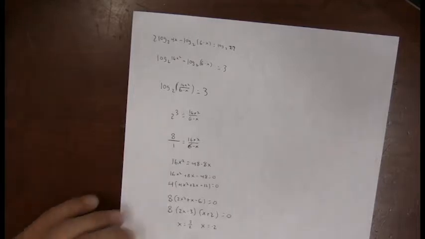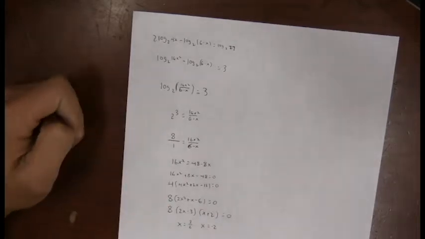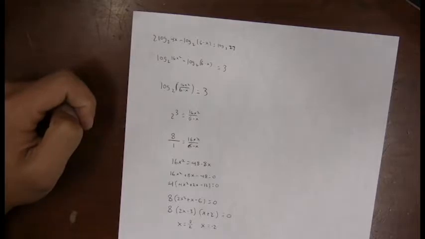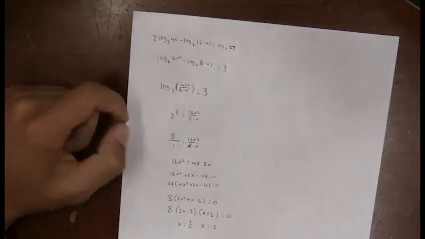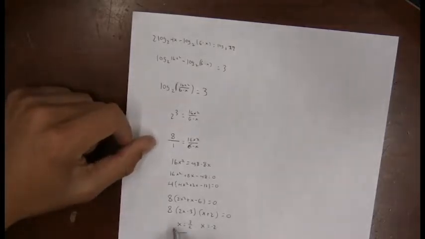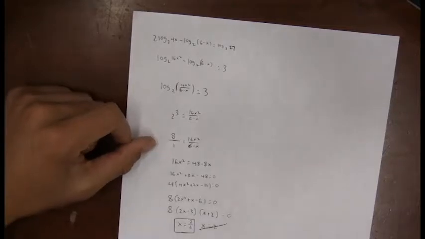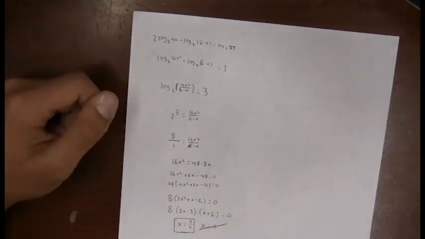And then now you're going to plug them back into the original equation and see which one works. That would be 3 over 2. So negative 2 does not work.